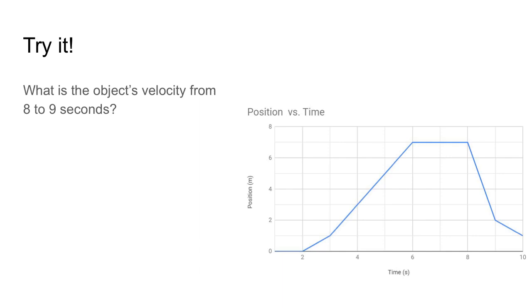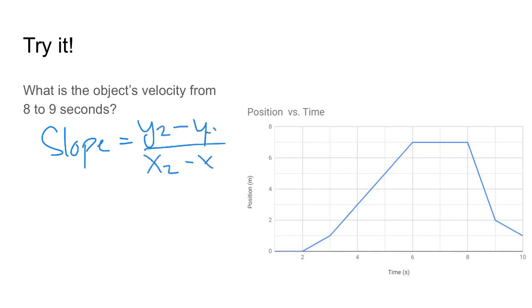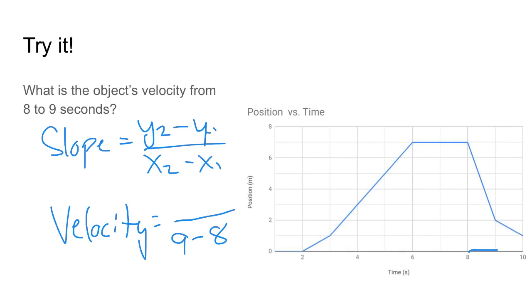We're going to set our problem up in the same way that we did before. Slope, which equals the velocity, is y2 minus y1 divided by x2 minus x1. So our velocity equals the change from 8 to 9. I'm going to go 9 minus 8 for our x.